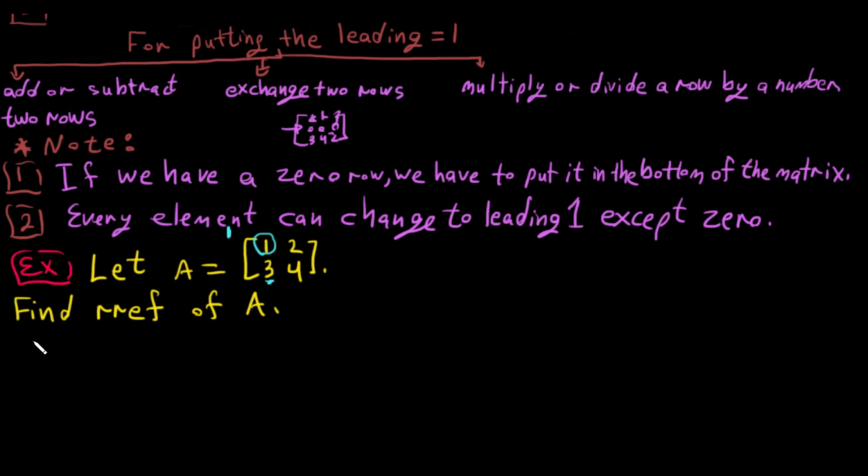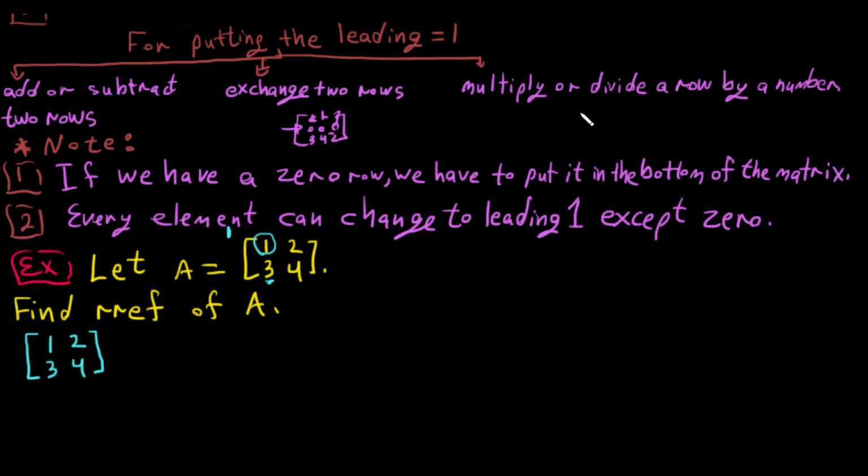So first I have to write it here again to make it clear for you. 1, 2, 3, 4. Okay, so we want to change this one. We have to add or subtract 2 rows, or you can do 2 steps.